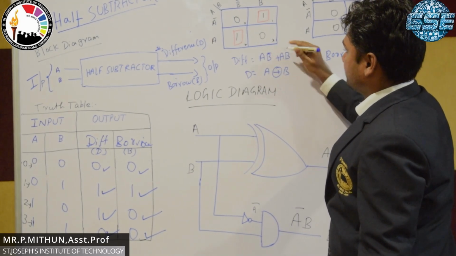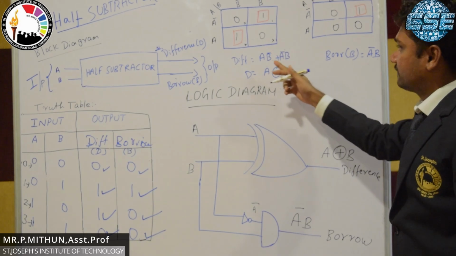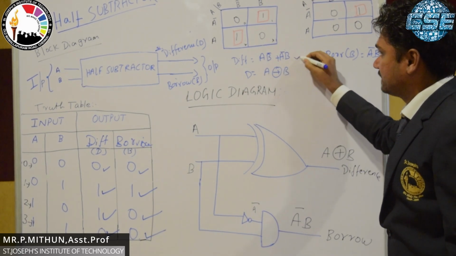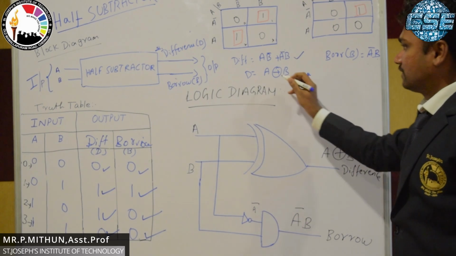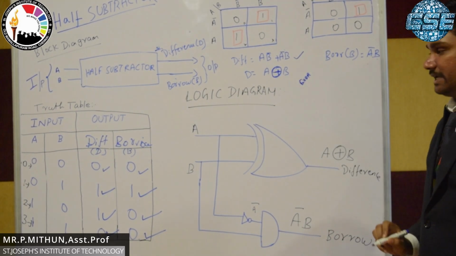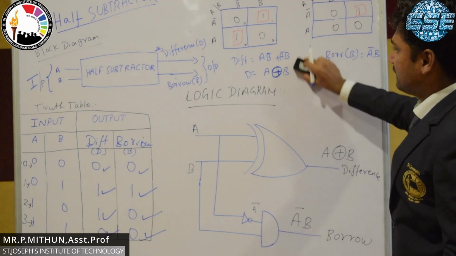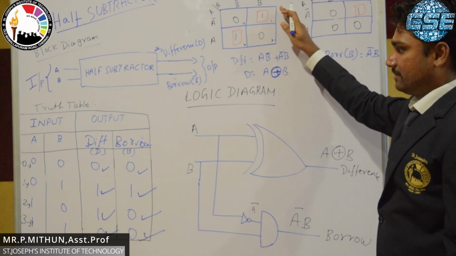So B and A bar. Okay, like that, this equation represents the XOR equation. So we put the XOR symbol for A and B. So we can generate the equation from the difference K-map.